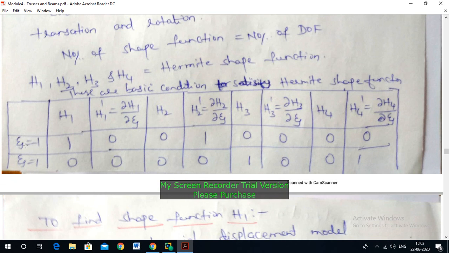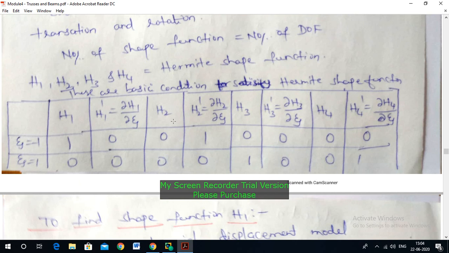Okay, first, zeta 1 equal to -1 for node 1 and zeta is equal to 1 for node 2, and h1 is the Hermite shape function h1, and h1 dash is nothing but the derivative of h1, that is del h1 by del zeta.